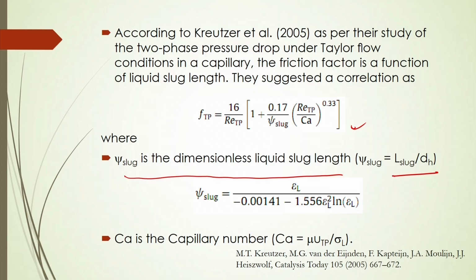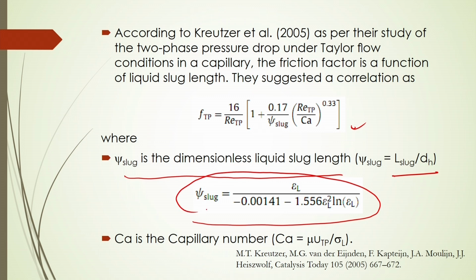They also proposed a correlation to calculate this psi slug, that is, the ratio of the length of the slugs to the hydraulic diameter. Based on this calculation, you can obtain the friction factor for that particular monolithic reactor, where two phase systems are used for that chemical engineering process in the slug flow regime.